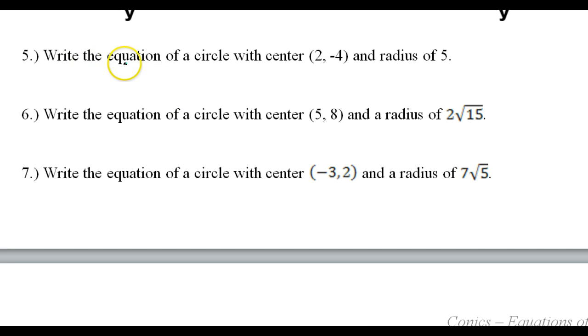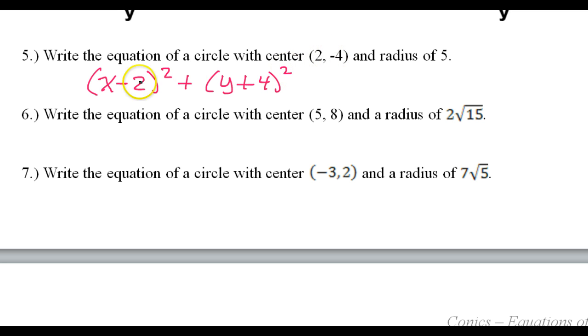For number 5, I'm supposed to write the equation of a circle with this center and this radius. So the center is (2, -4), so that leads to (x - 2)² + (y + 4)².